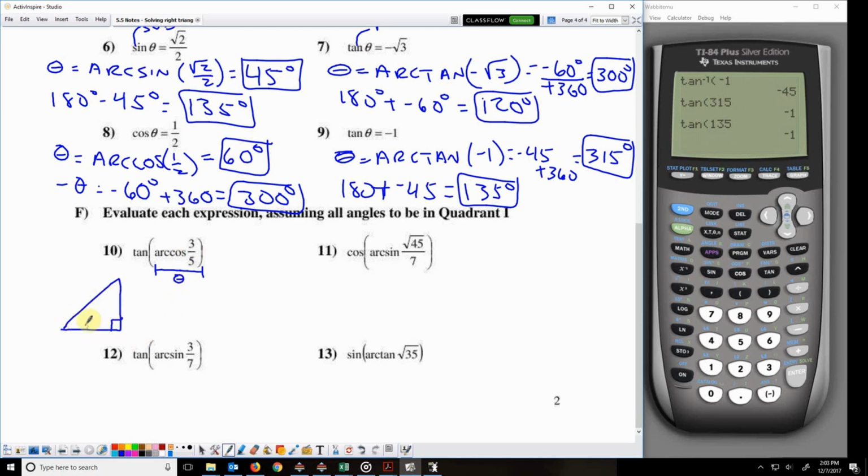What that really tells me is that these numbers are adjacent and hypotenuse because it's arccosine. By Pythagorean theorem, a common Pythagorean triple is 3, 4, 5. So that one right there is going to be 4. Tangent is opposite over adjacent. 4/3.